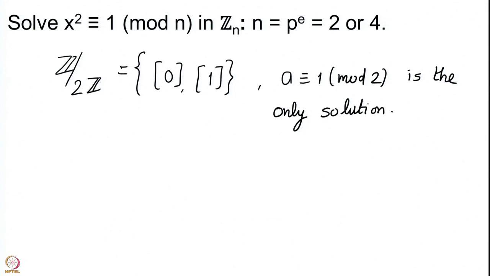Remember, I had said that minus 1 and 1 are always the solutions, but unfortunately modulo 2, 1 and minus 1 happen to be congruent to each other. So, these two which were distinct elements in Z mod nZ, they collapse to a single element when n is 2, and therefore, here we have this as the only solution.